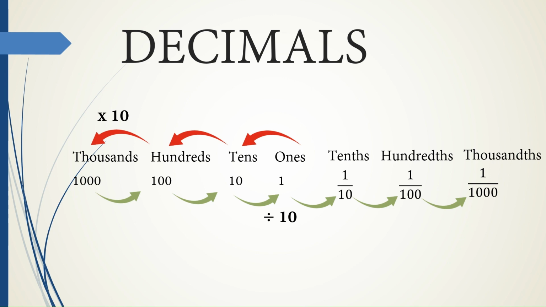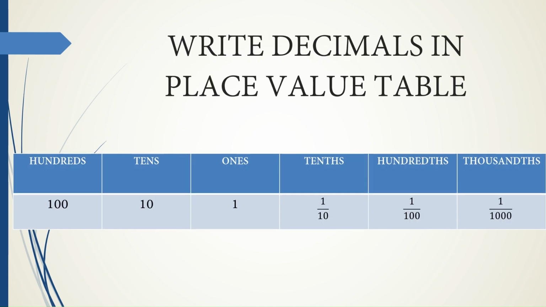Like this we can move towards the right any further. This way we can go towards the left in a place value chart. In a similar way we can move towards the right as well. And now we know the place value chart till here, that is the thousandths place. We'll see how to write different numbers using this place value table.